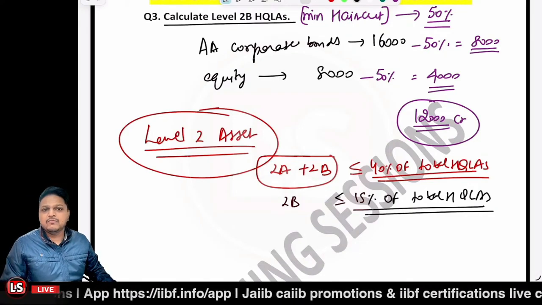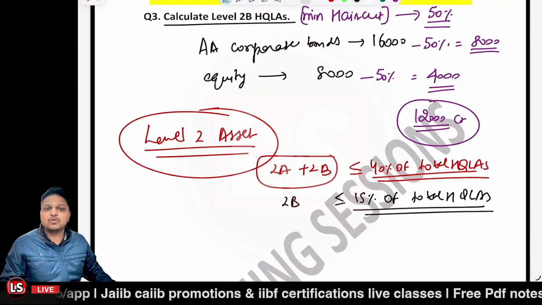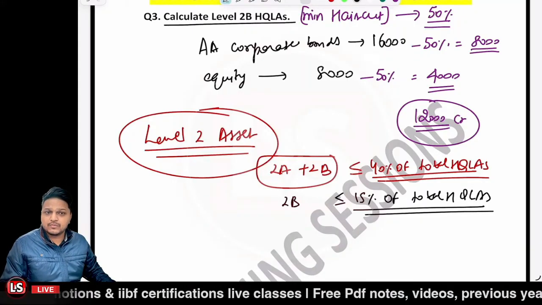We are to calculate the final eligible HQLAs, and we are to restrict the values of level 2B assets also.